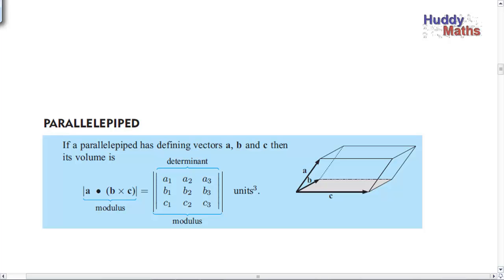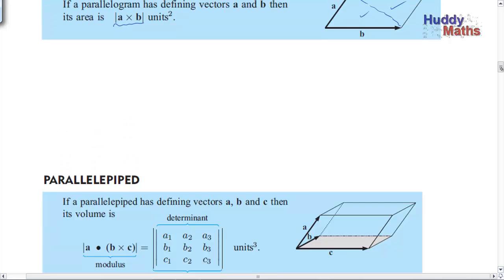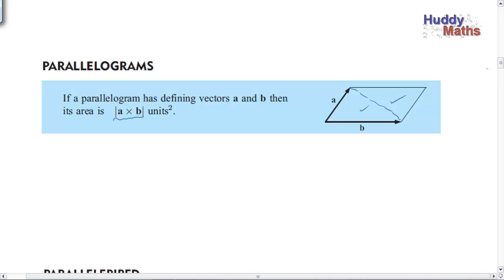I thought they had a proof here for this one, so we can do a proof for that one. The triangle was a half that, and we have a parallelogram is equal to 2 times the triangle, which is therefore that idea.